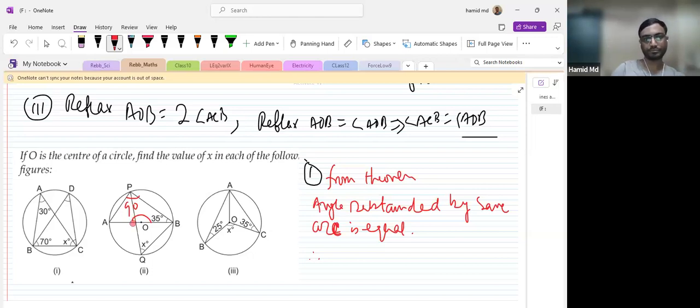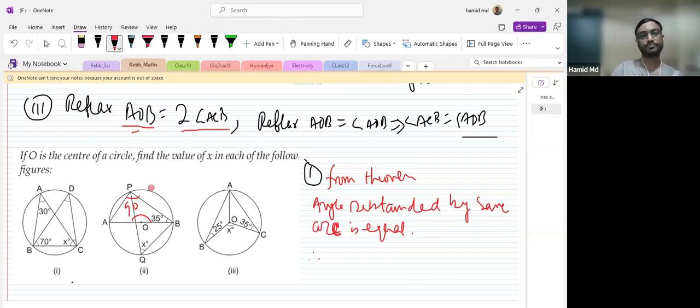Yes, so it will be 90 degrees. It is written over here: reflex AOB is twice of angle this. If we put ACB as 90, then it will be 180 degrees, so it will be equal to this, right?